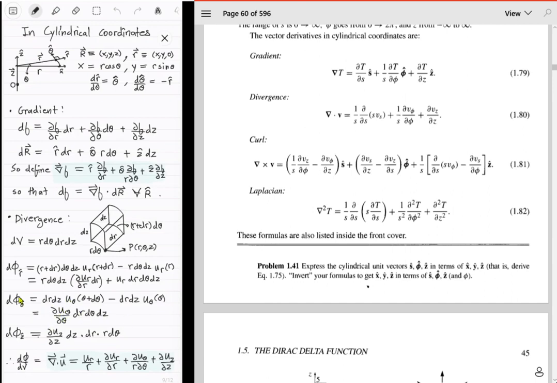So this divided by dv would just be this term: partial u theta upon r partial theta. So r d theta, if you remember correctly, was somewhere over here. That's this length.